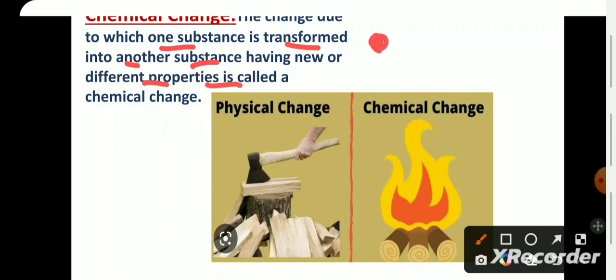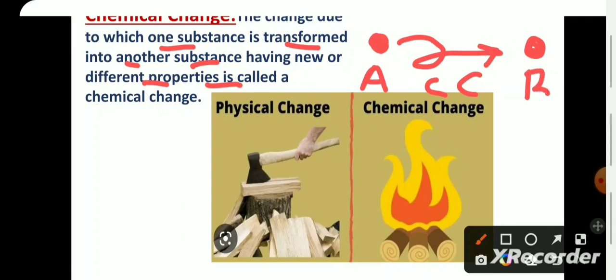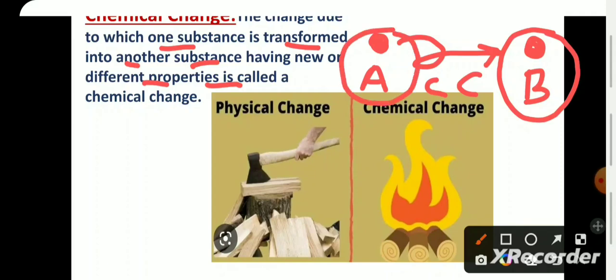Consider if A is any substance and if it undergoes chemical change, it will form substance B. So, the new product which is formed has properties which are totally different from A. It has all new properties in it. Even though B is produced from A, it does not have any of the same properties of A. Such a type of change is called chemical change.